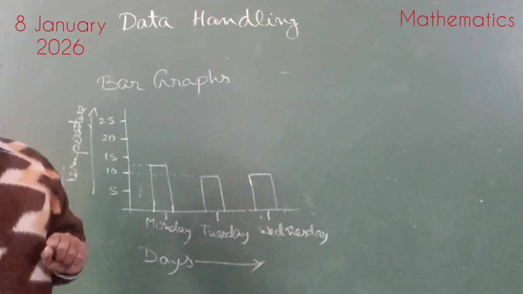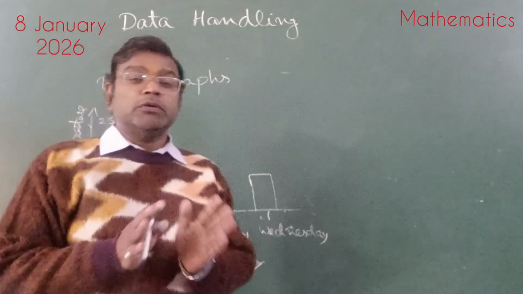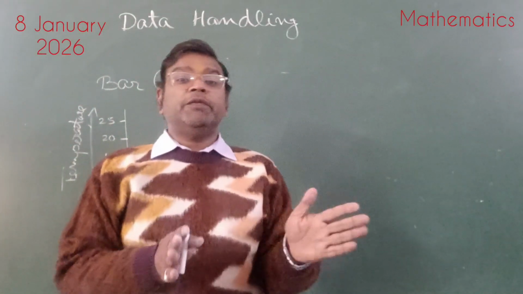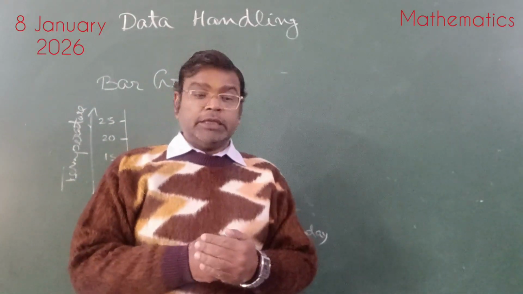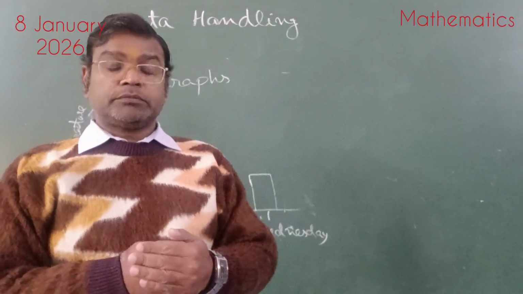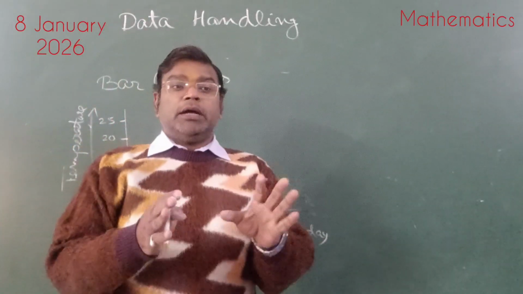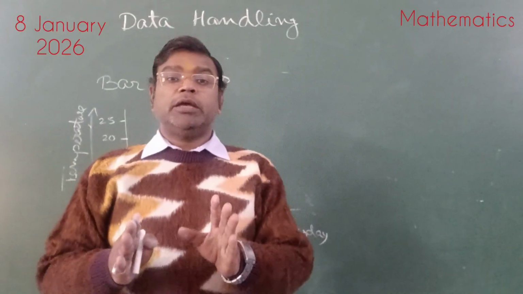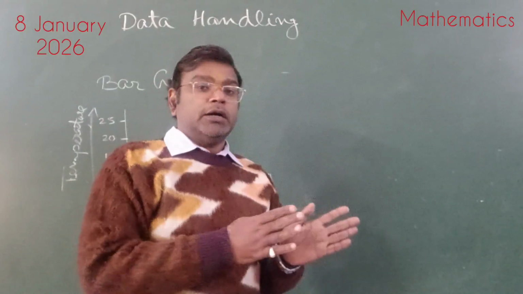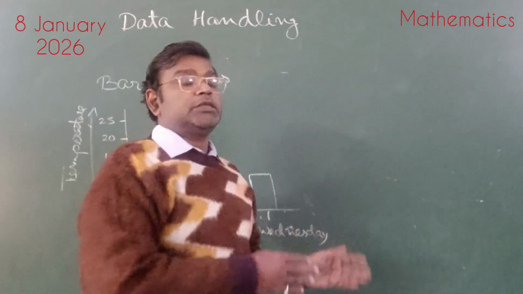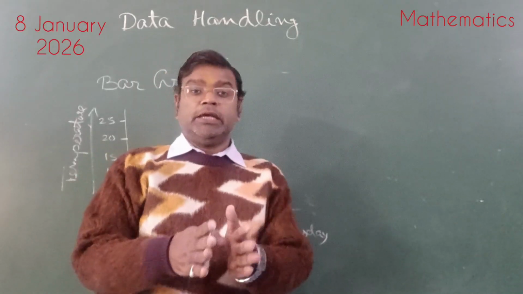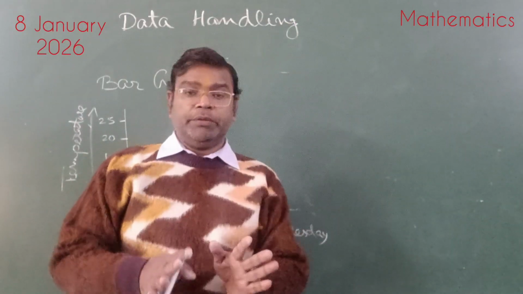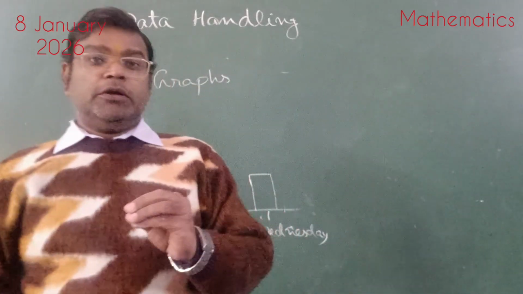What about the double bar graph? Suppose we are going to compare the same data for two different quantities. For example, the strength of girls and boys in your class, in different sections, that is 8A, 8B, 8C.